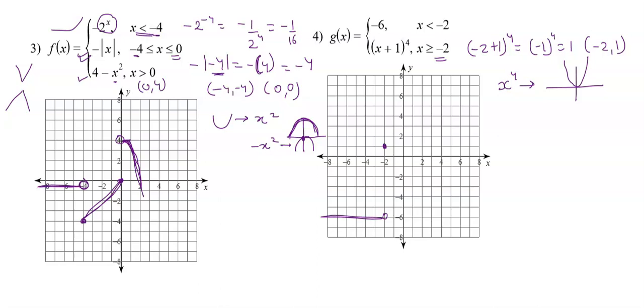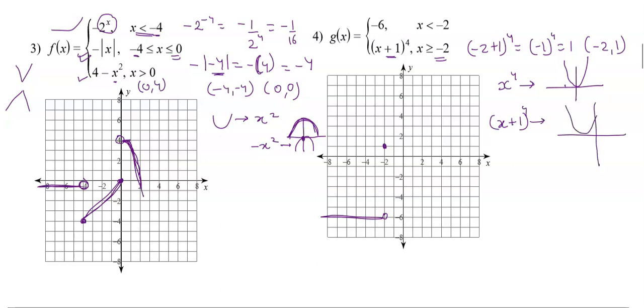Now this is x plus 1 whole to the power 4. So you have understood from the transformation of graphs that this function should shift left by 1 unit. So basically x plus 1 to the power 4 graph looks like this. If you can understand, I am shifting by 1 unit left. X plus 1 will shift the graph 1 unit left. Okay, so the vertex would basically be negative 1 comma 0.